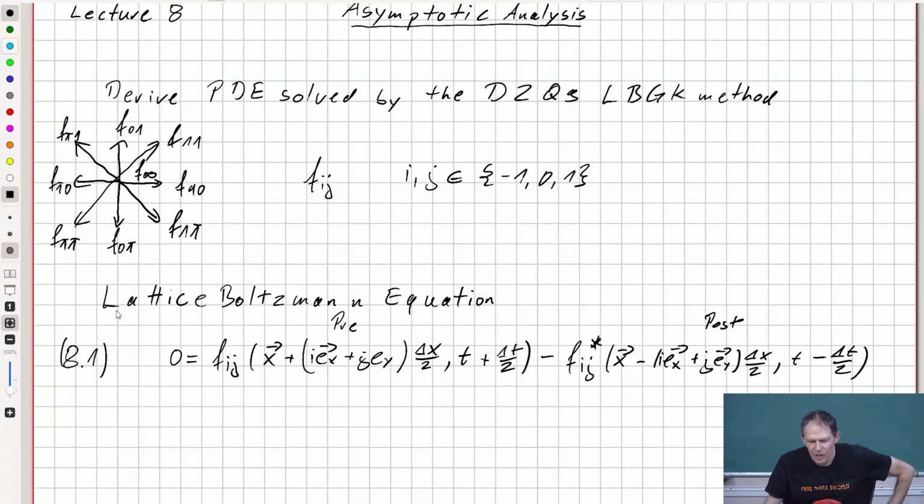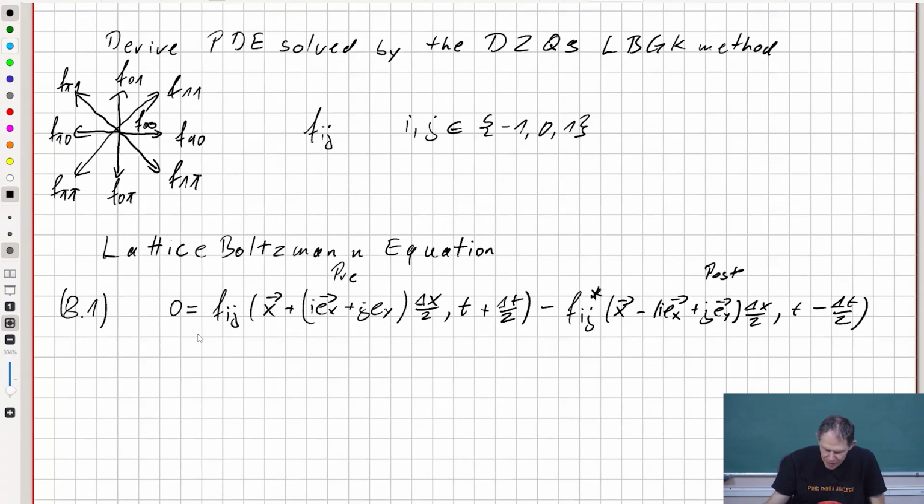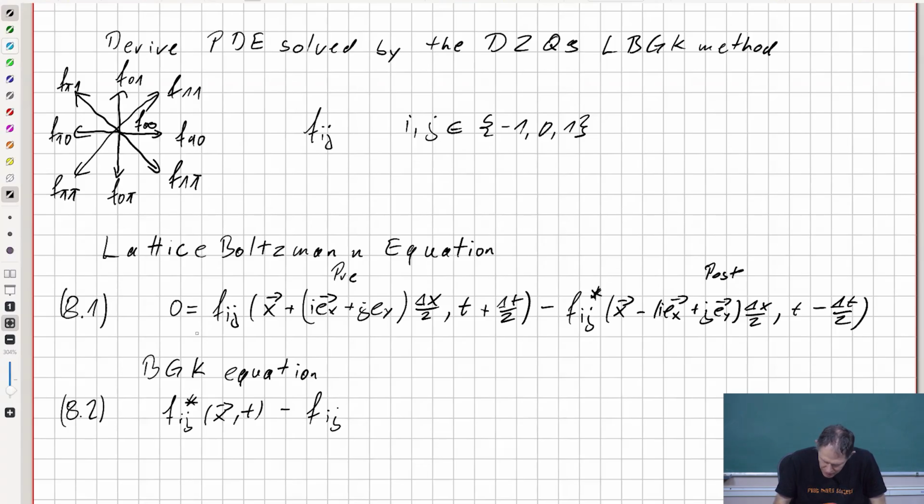So now we have to combine this with a collision operator, and this of course works for the different collision operators we are still going to discuss, but for the time being we look at the BGK collision operator, which is our equation 8.2, and this f_ij after collision at the position x and t minus f_ij before collision, so there's no asterisk here, x and t.